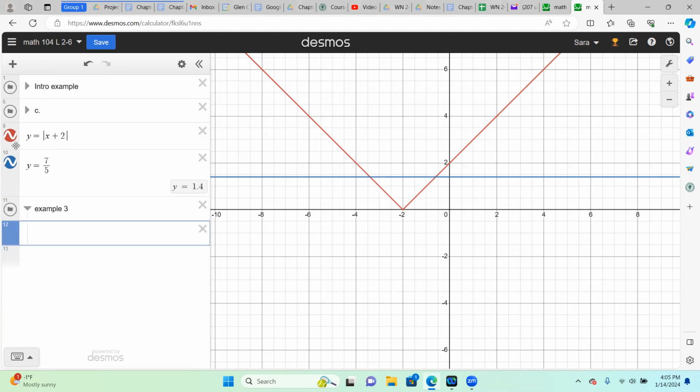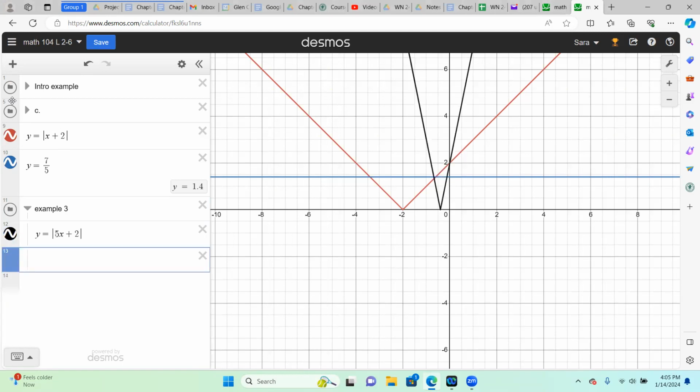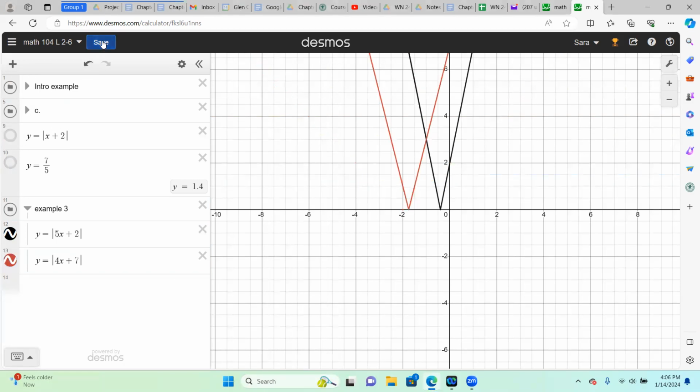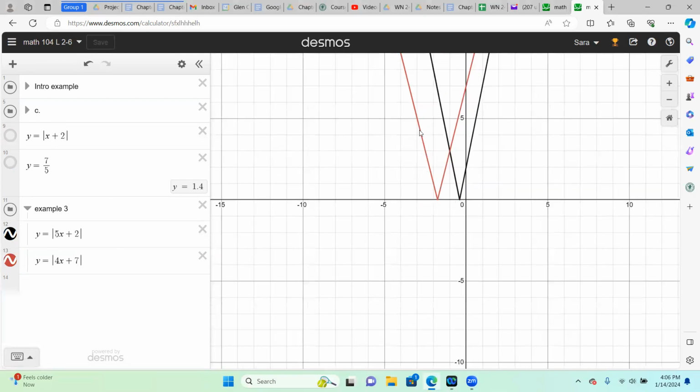I'm going to let the left be y equals 5x plus 2, and then the right is y equals 4x plus 7. I'm going to turn off all this other stuff that we don't need. And then we want to know where they equal each other. So they touch each other here, which is at the negative 1. And then they touch each other here, which is at 7.